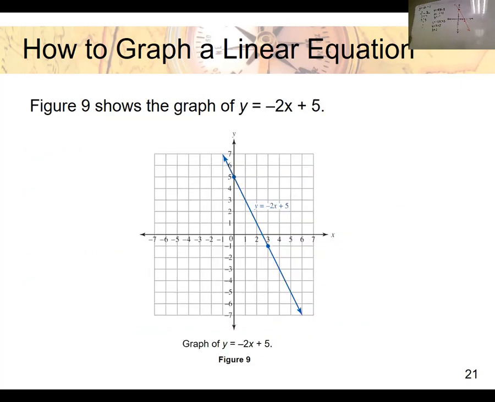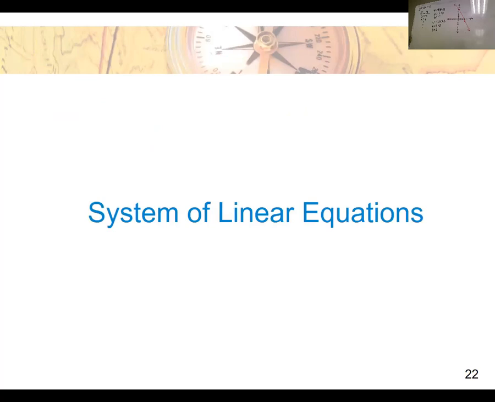Which is what they have right here. So here, that's the better version of that graph. Okay. Any questions on this? Okay. All right, next we'll look at systems of linear equations.